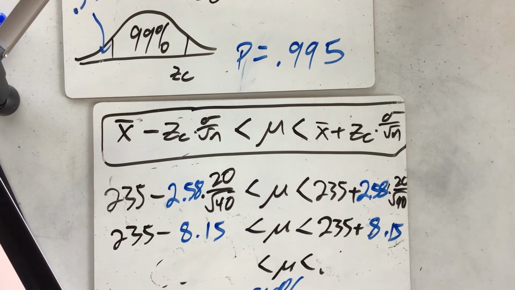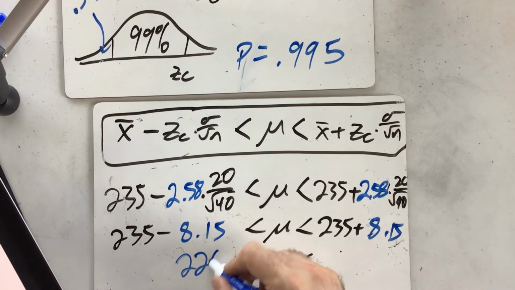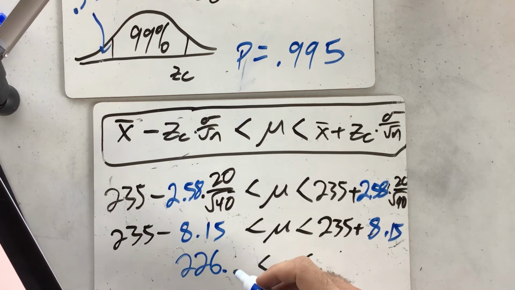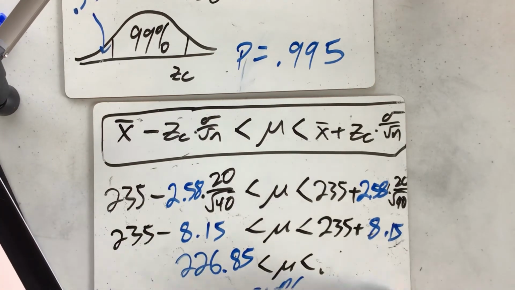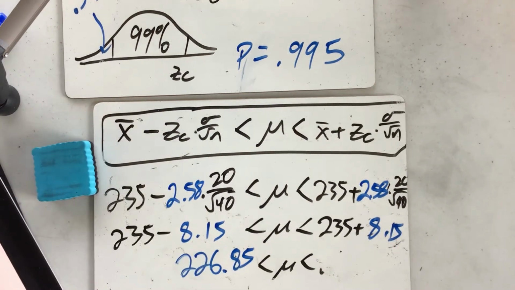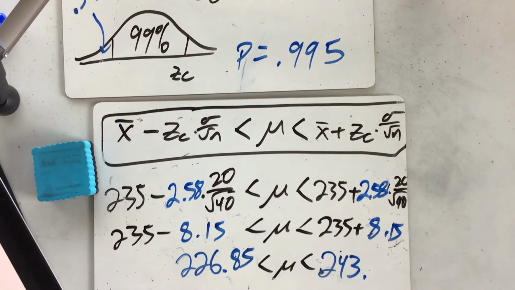235 minus 8.15, and I get 226.85 on that side. And then on the other side, I get the same thing but with a plus sign, and I got 243.15 on the other side.